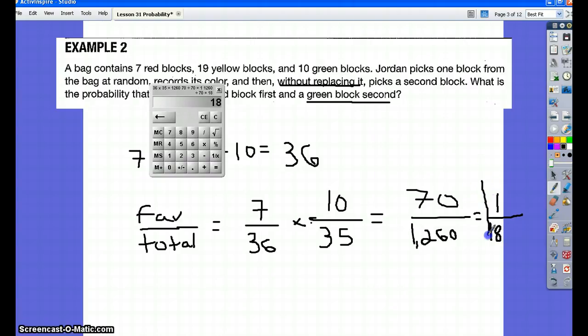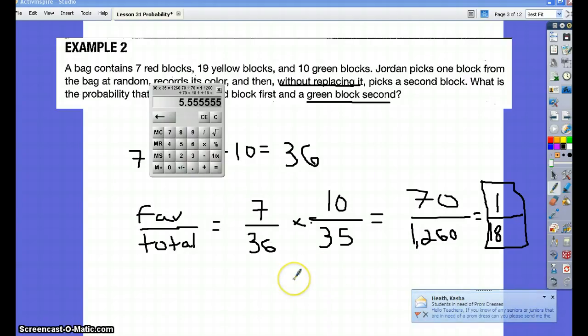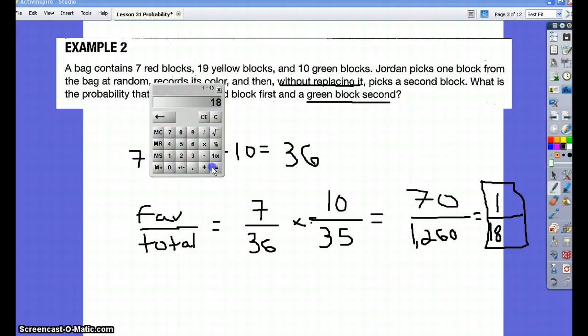Now, that's our answer, it's a 1 out of 18 chance, or if we're going to get the percentage, 1 divided by 18 is 0.0555, that's repeating. So, or about a 5.5% chance.